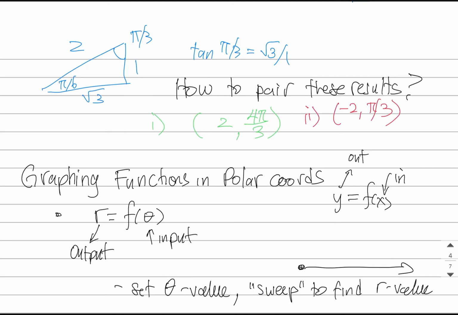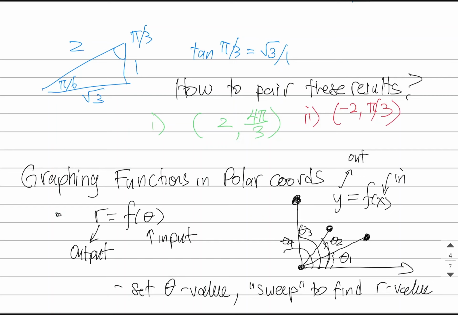So what you need to do is set your value of an angle, and then you sweep out along that angle by whatever radius you've been given from your rule. Then you sweep out another angle, and you put a dot wherever the radius takes you. You sweep out whatever your next angle is, figure out the radius, put a dot there, and so on and so forth.